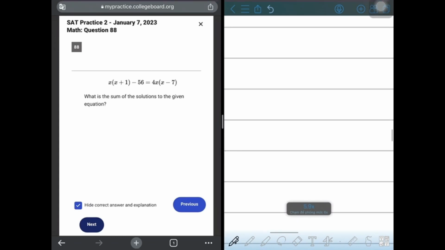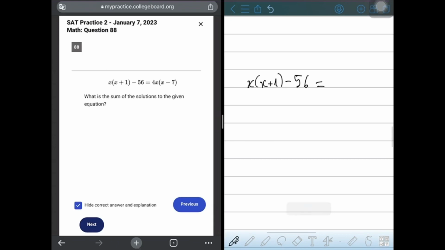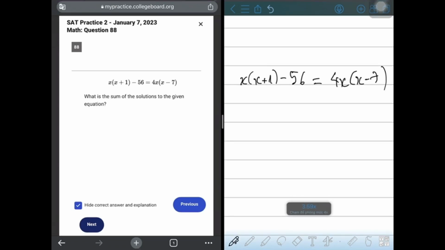Okay, so it's about solving the equation. Now you will calculate it. You will multiply x squared plus x minus 56 and equal 4x squared minus 4 times 7 equals 28x. And now you will move all the numbers to the left.